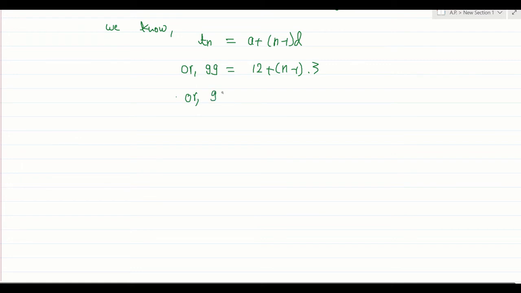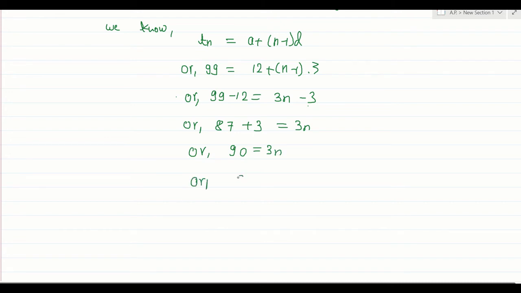Or 99 minus 12 is equal to 3n minus 3. Or 99 minus 12 is 87, and this minus 3 will come to this side to become plus 3, equal to 3n. Or 90 is equal to 3n.